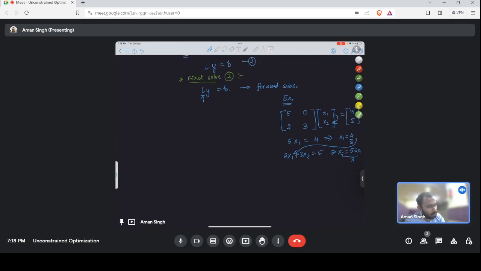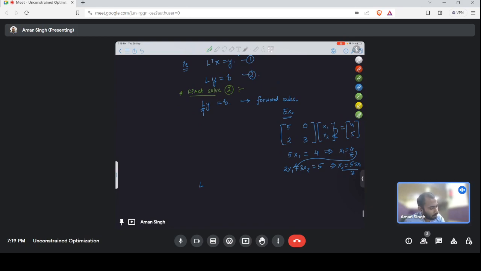Once you find y, you can solve the second equation, L transpose x equal to y. Now this is an upper triangular matrix, and you can use what is called back substitution.